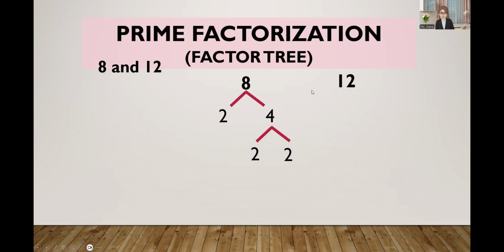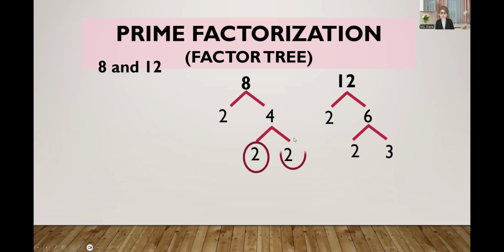Then let us factor out 12. The factors of 12 are 2 and 6, because 2 times 6 is equal to 12. And then we can still factor out 6. The factors are 2 and 3, because 2 times 3 is equal to 6.